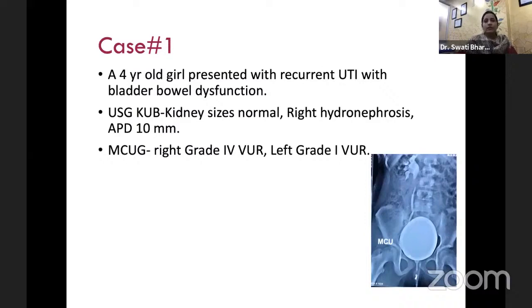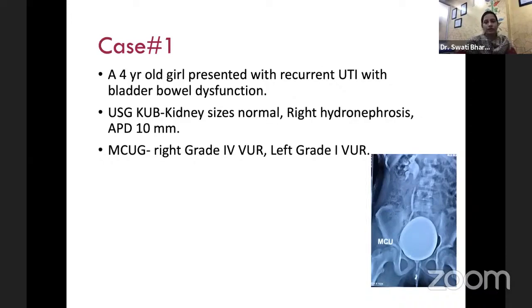So what is the purpose of evaluation in a UTI? Basically, we are looking for any underlying pathological condition which puts the patient at risk of having recurrent UTI as well as renal damage. So ultrasound, MCUG, and a DMSA scan: these are the three core imaging modalities which we routinely use. So this patient has already been shown to have reflux.